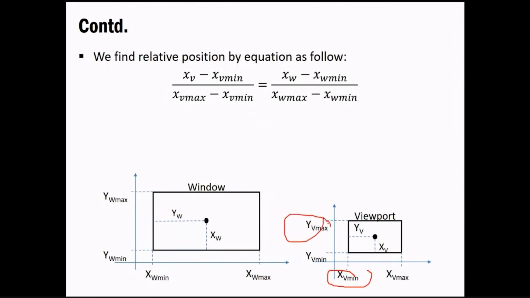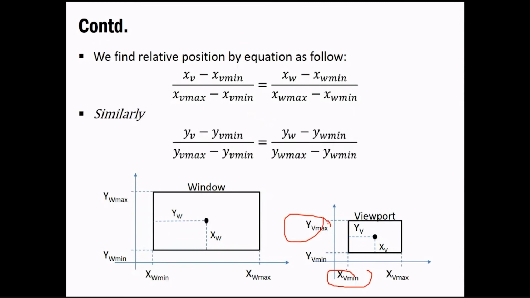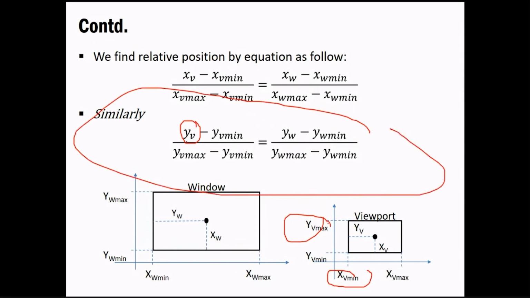We'll see this also, so you'll get an idea. Similarly, if we want to do it in the yv form, we can write this whole thing in a similar fashion. So you'd be getting yv minus yv min upon yv max minus yv min, equal to yw minus yw min upon yw max minus yw min.